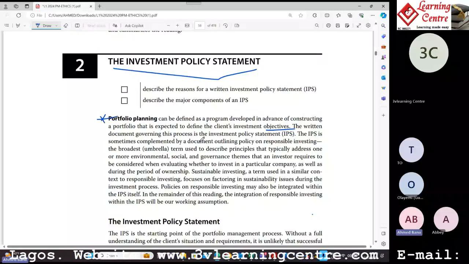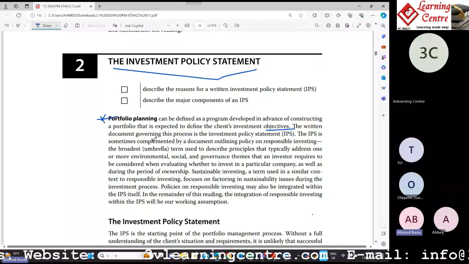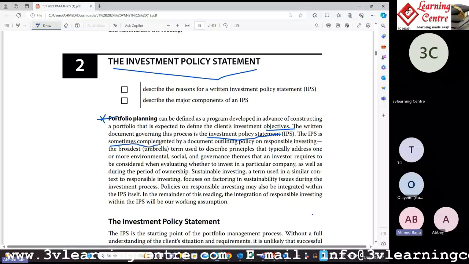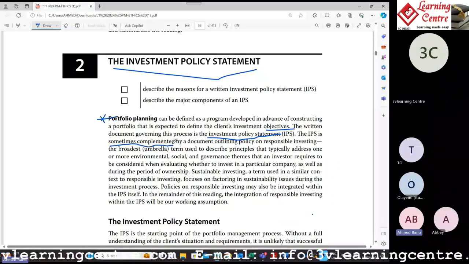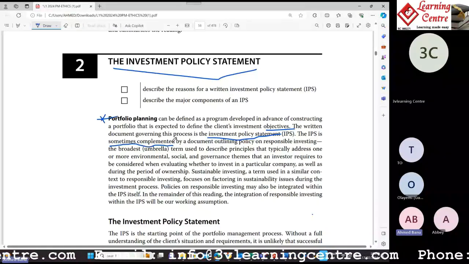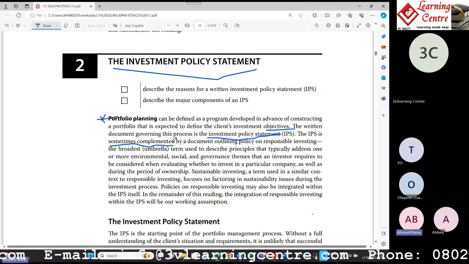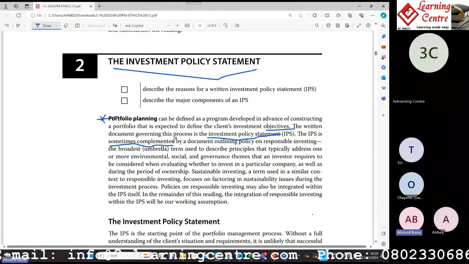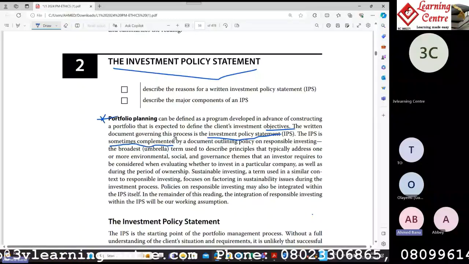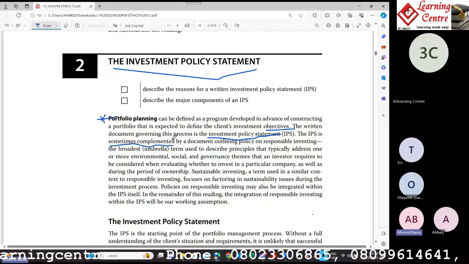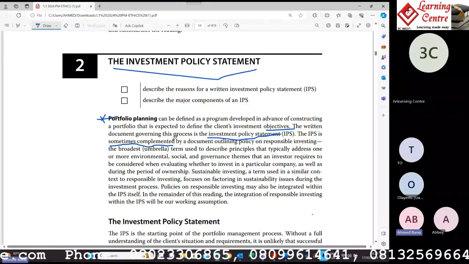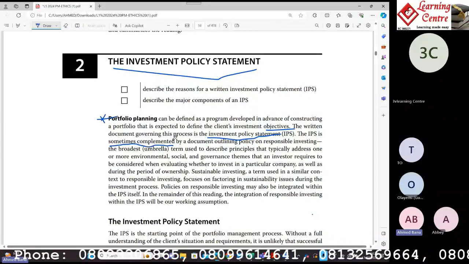The written document governing this process is the IPS. The IPS is sometimes complemented by a document outlining policies on responsible investing, the broadest umbrella term used to describe principles that typically address one or more environmental, social, and governance themes that an investor requires to be considered when evaluating whether to invest in a particular asset.